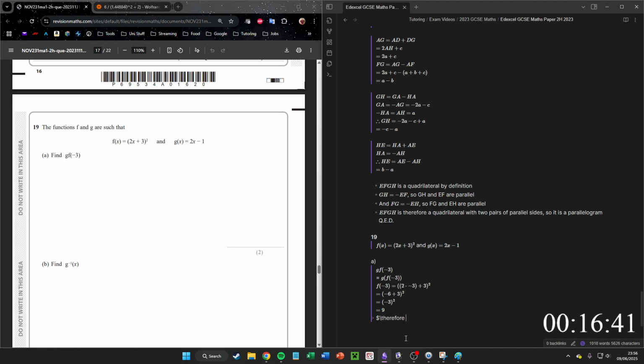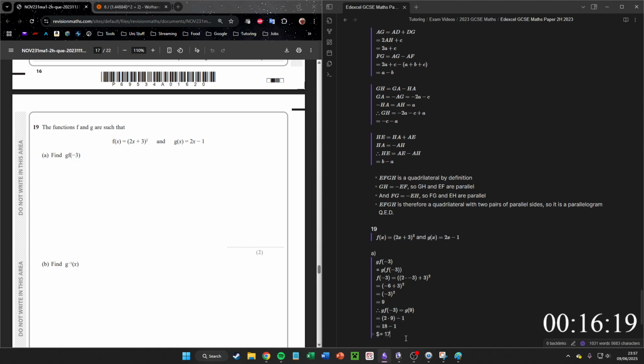Therefore, gf of minus 3 is equal to g of 9, which is equal to 2 times 9 subtract 1, which is equal to 18 subtract 1, which is equal to 17, and that is my final answer for part A.